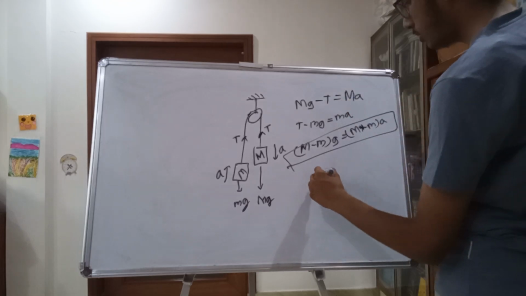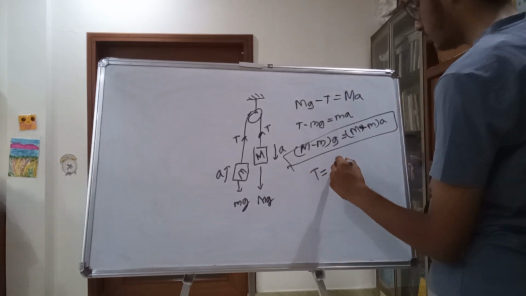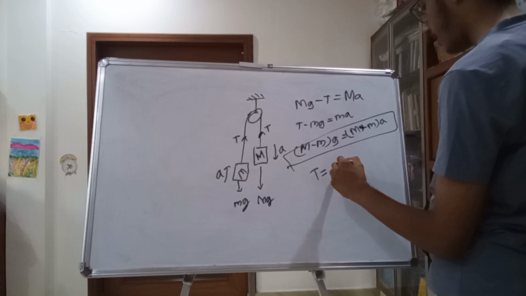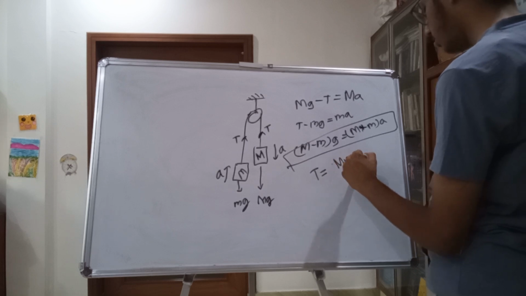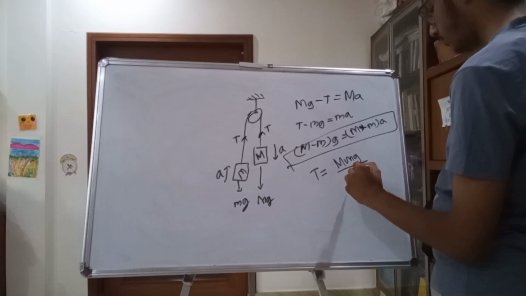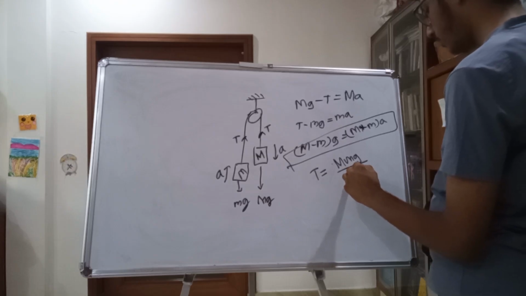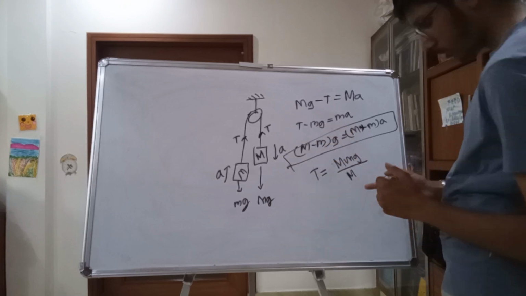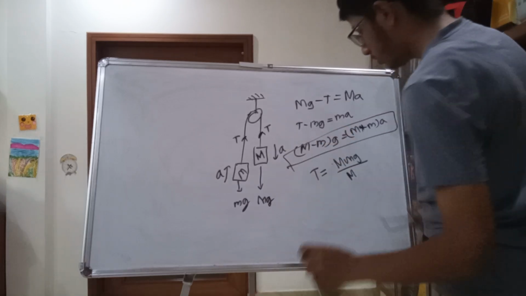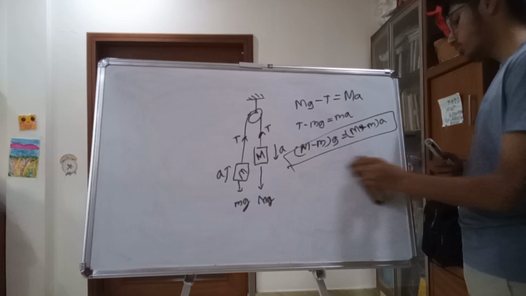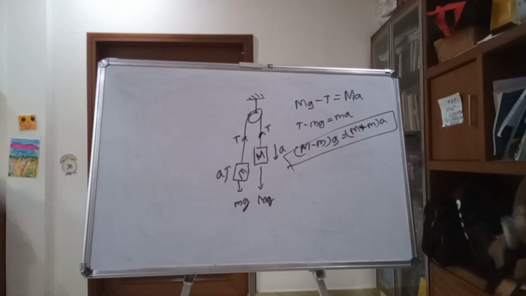What is the tension? T equal to 2Mmg by M plus m. You substitute and you will find out. I wrote the wrong formula, that is also a fault.